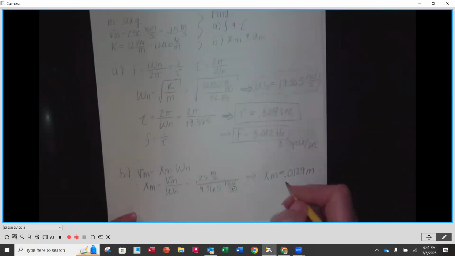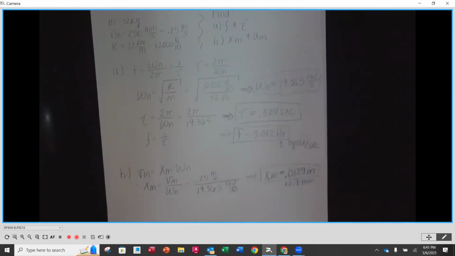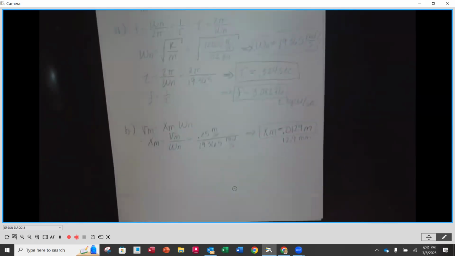It's a pretty small number, 12.9 millimeters. You want to report in meters, but more relatable is 12.9 millimeters, just as a frame of reference.